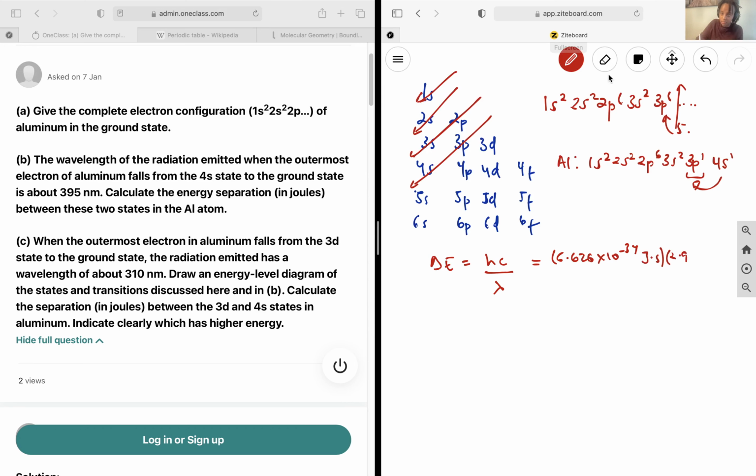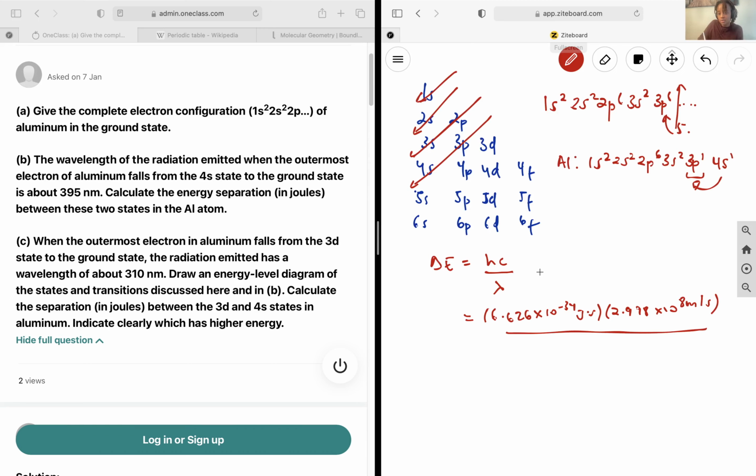So let's actually write it down here so we can have a bit more space. 6.626 by 10 to the negative 34 joule seconds multiplied by 2.998, I believe, by 10 to the power of 8 meters per second.